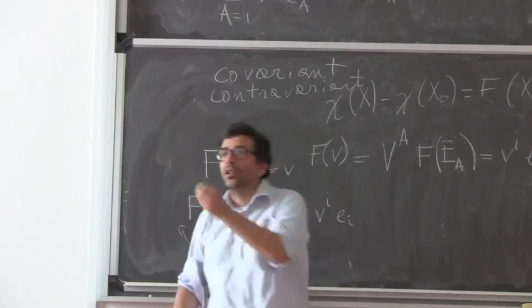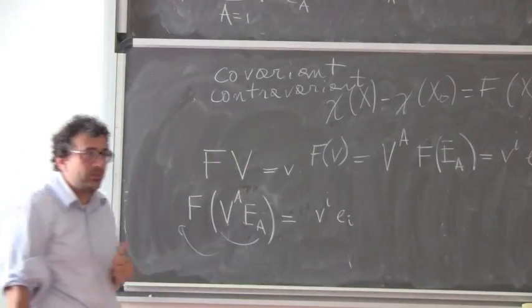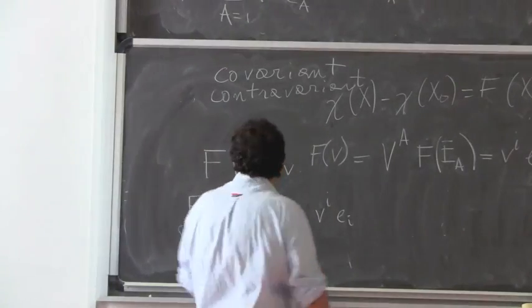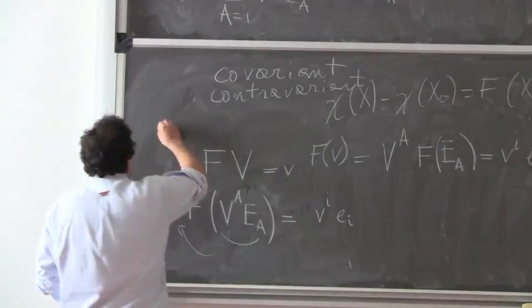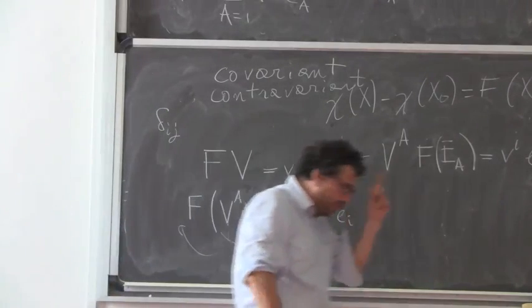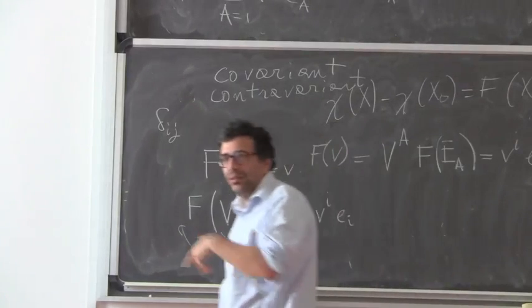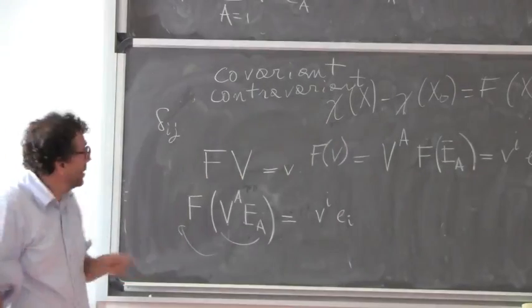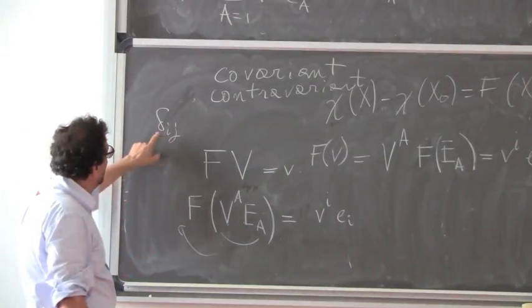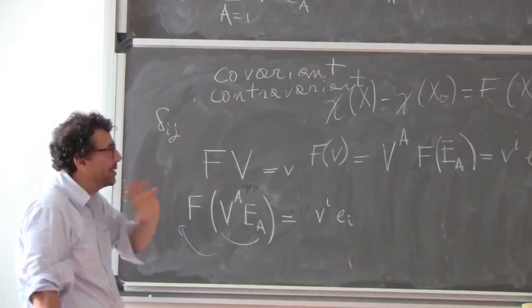Then we introduce another small notation. We introduce the Kronecker delta. Kronecker is the only person who managed to get results very close to those of very young children. The delta is a matrix with two indices.